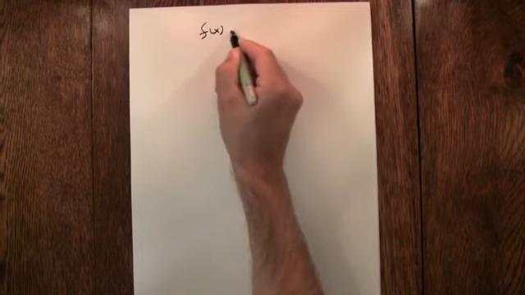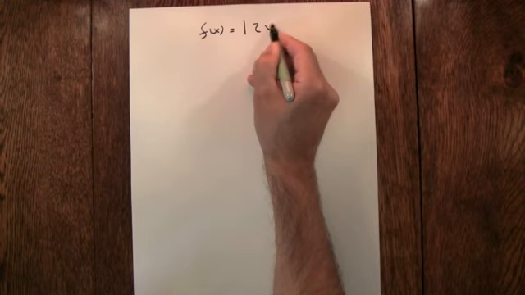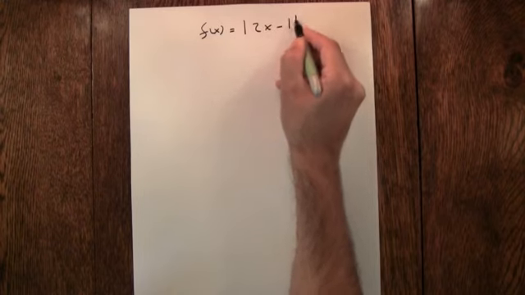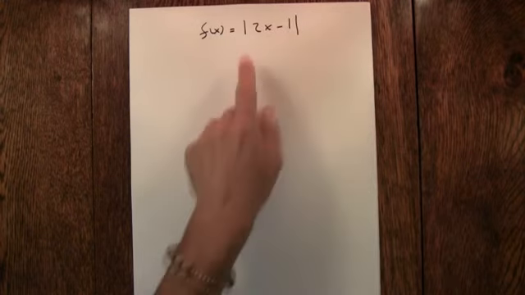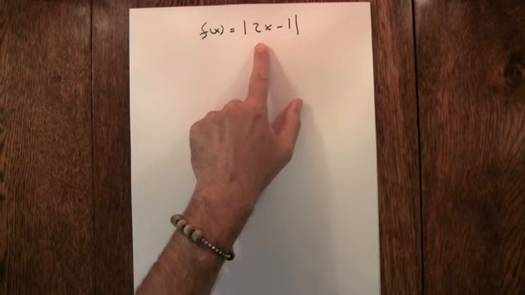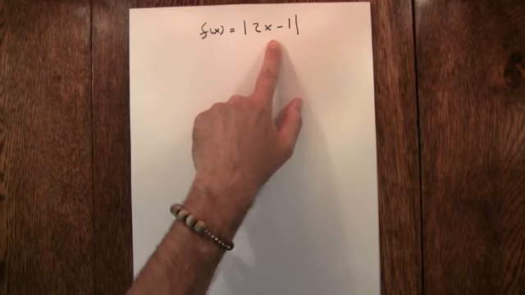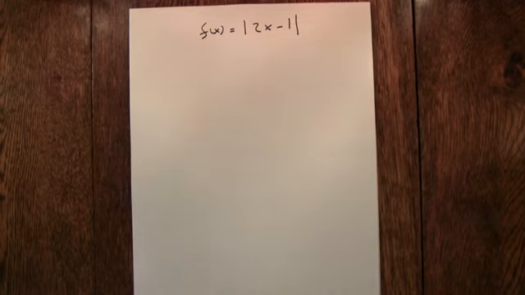For the last pattern, we're going to graph an absolute value function. We're going to do an absolute value of a linear function, of a line, which is one of the most simple graphs that you can have.